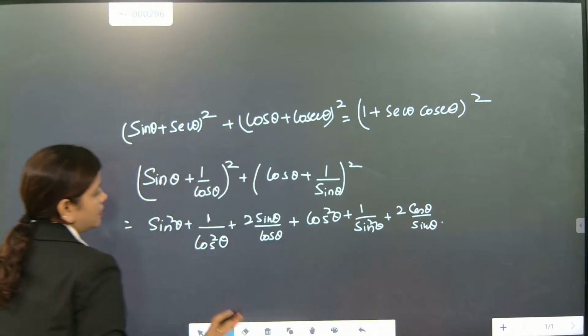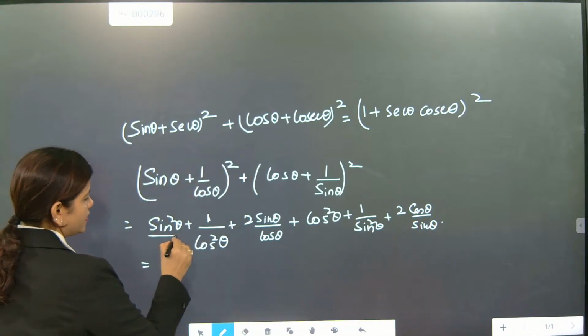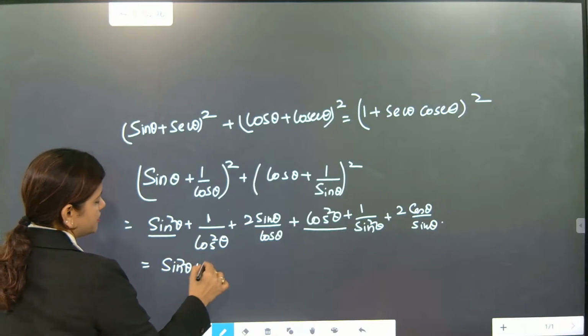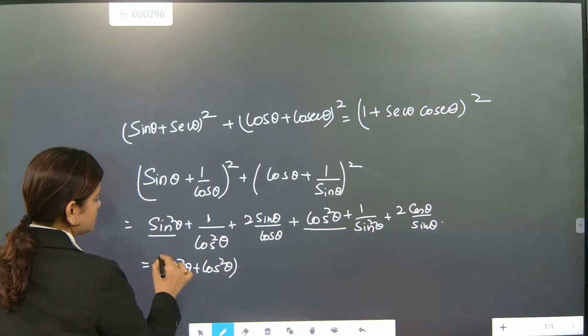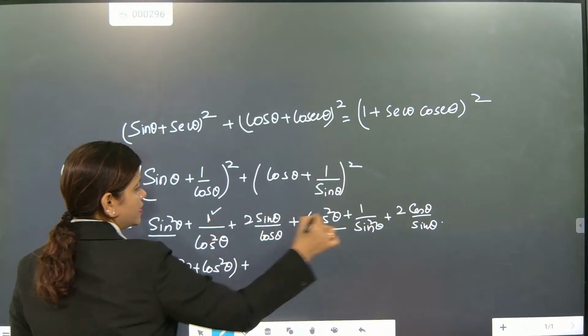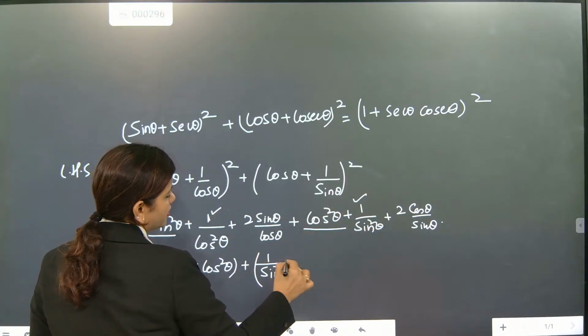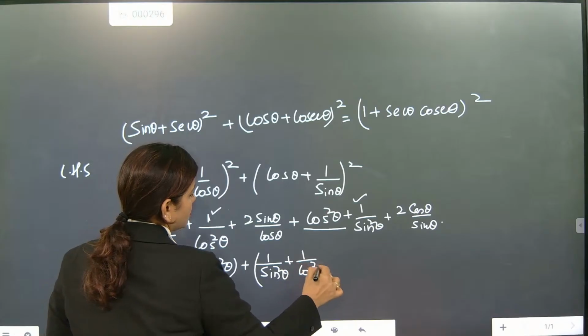Okay, trust me. Here this one and this one take together. This is second step, sine square theta, cos square theta. Now you take this one and this one together, 1 by sine square theta plus 1 by cos square theta.